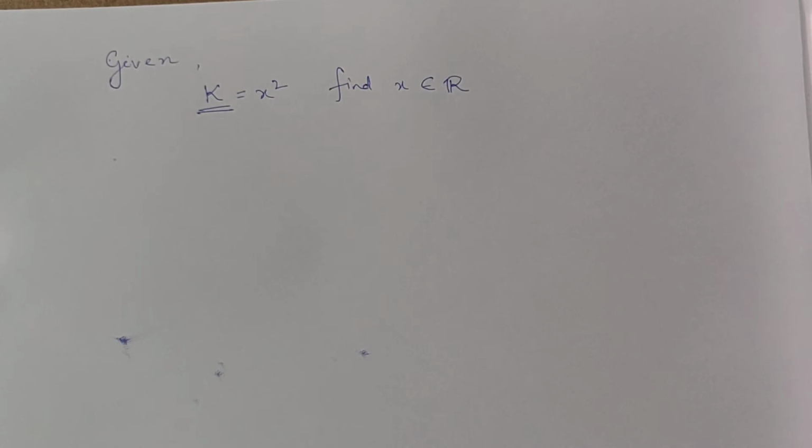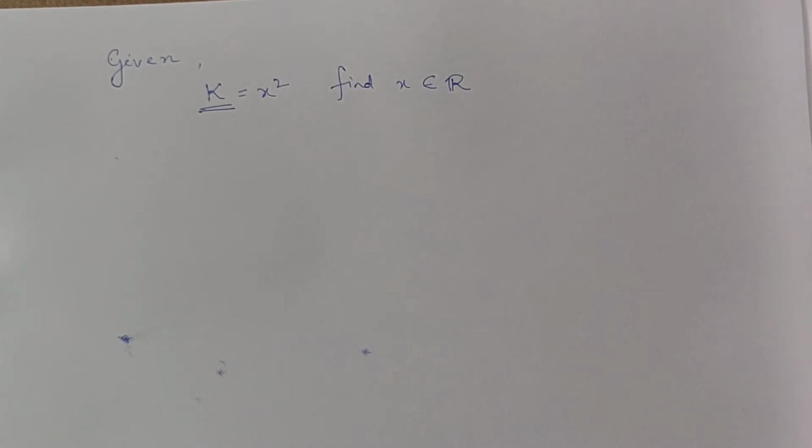You can do a search, like you can apply a search. What type of search? First you can apply a brute force search. You start from x equal to 1. For x equal to 1, you do its square, see whether it is equal to k.